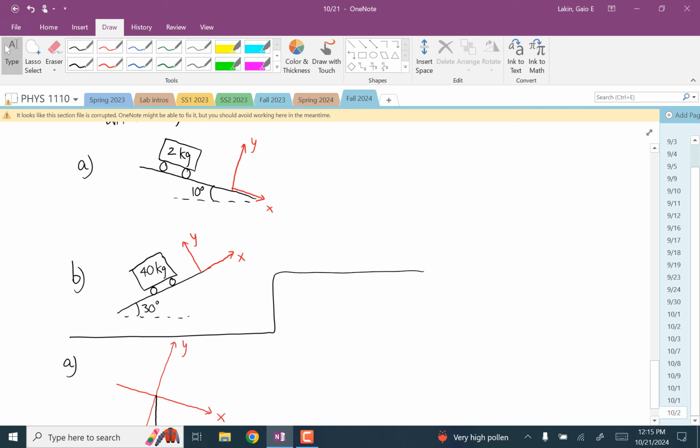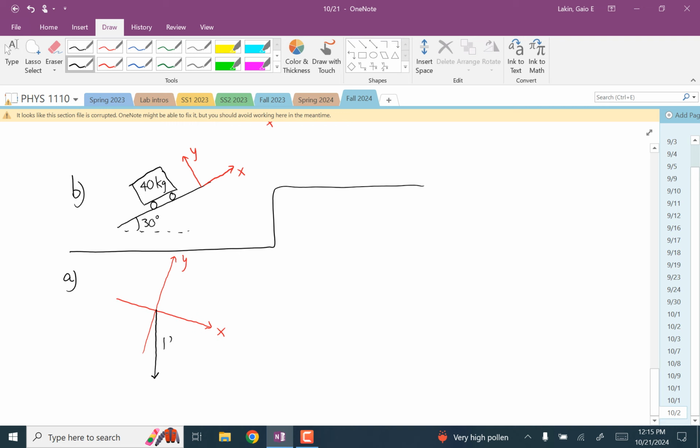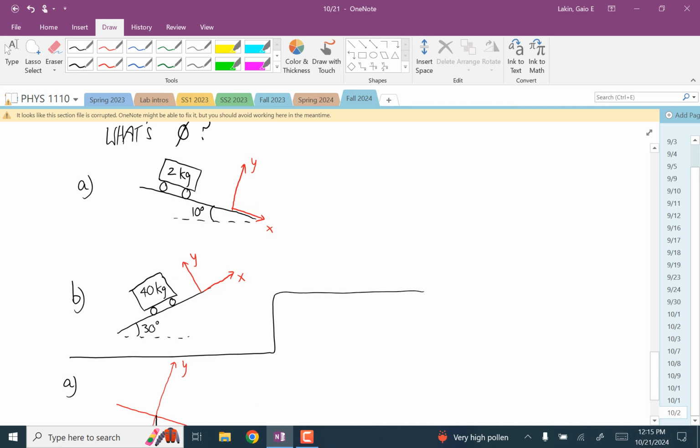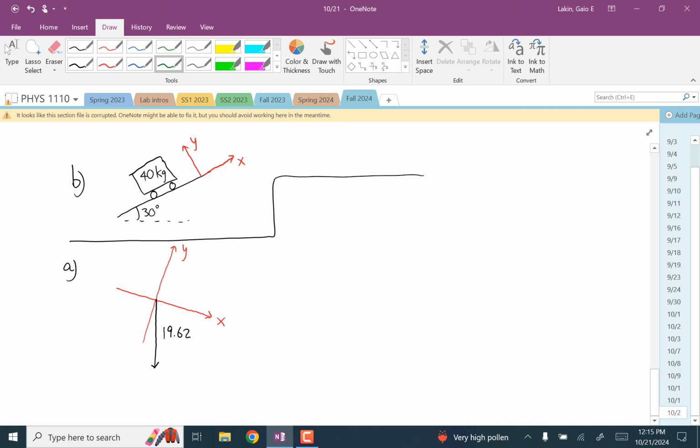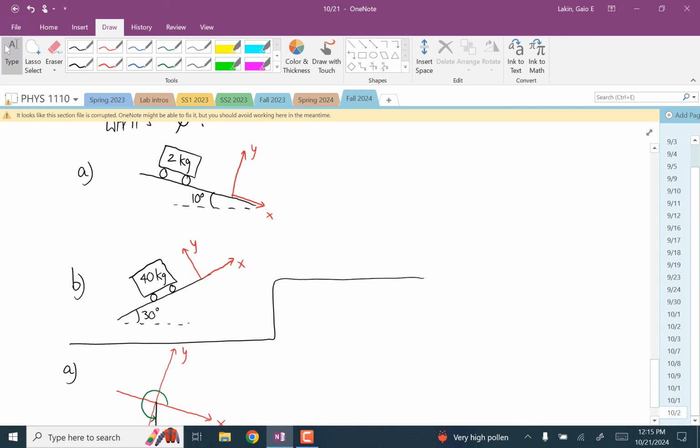And it has a magnitude of 2 times 9.81, so 19.62. And that angle that we need for the cosine and sine is the angle that goes from the positive x-axis counterclockwise until it hits the vector. So there's the angle that we want. And I said it's always going to be 270 either plus or minus the angle that the ramp makes with the horizontal.